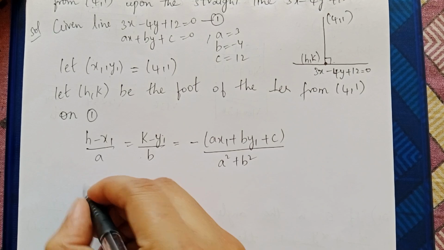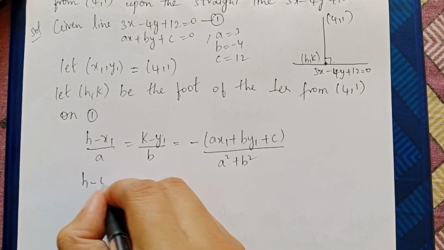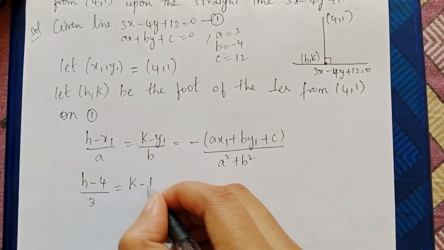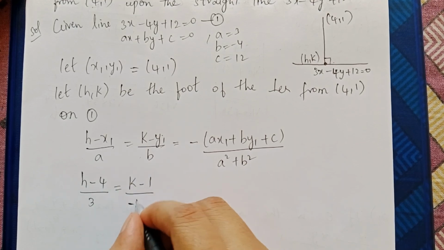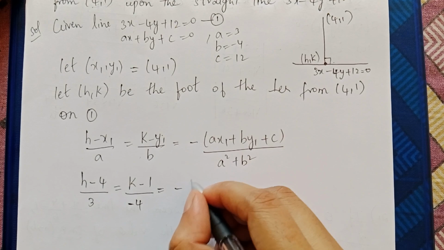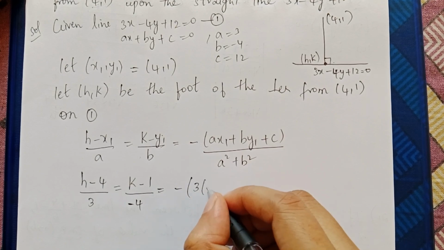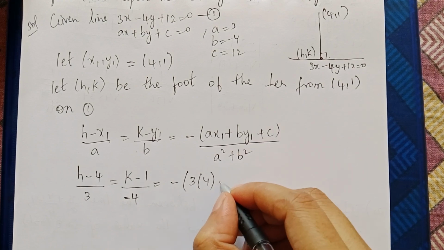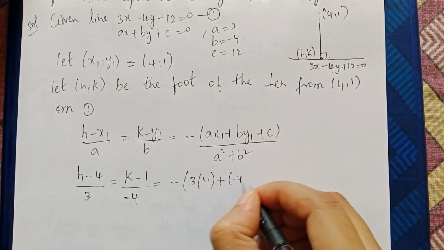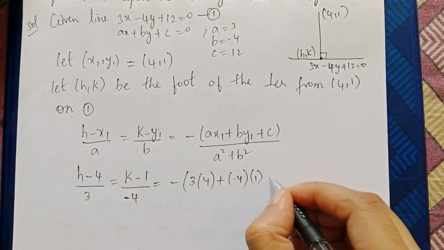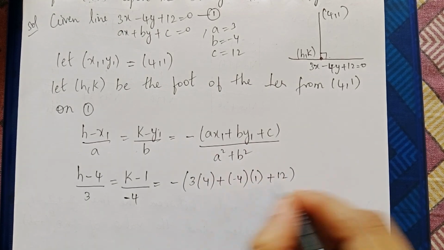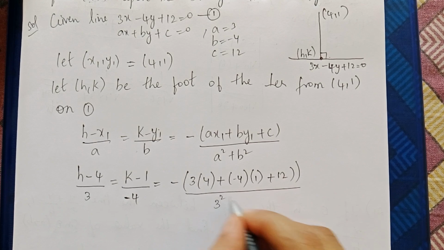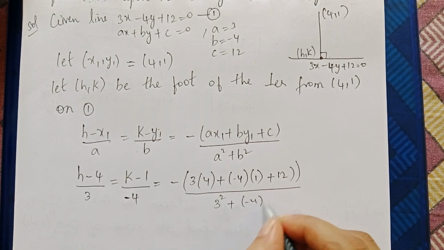We get (h minus x1, which is 4) by a value 3, equal to (k minus y1, which is 1) by b value minus 4, equal to negative of (a value 3 into x1 value 4, plus b value minus 4 into y1 which is 1, plus c which is 12) by (a value 3 square plus b value minus 4 square).